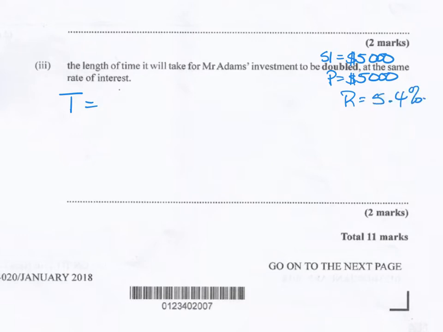So time will be simple interest by 100 over the remaining 2, which is principal by rate.